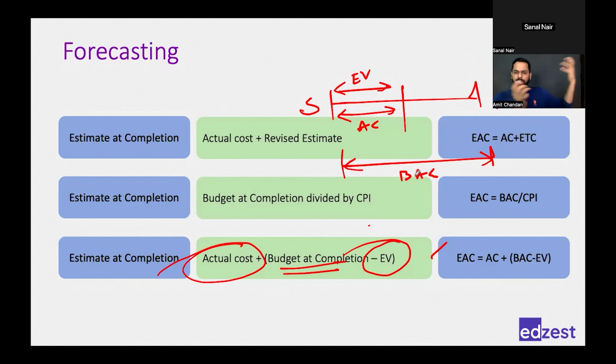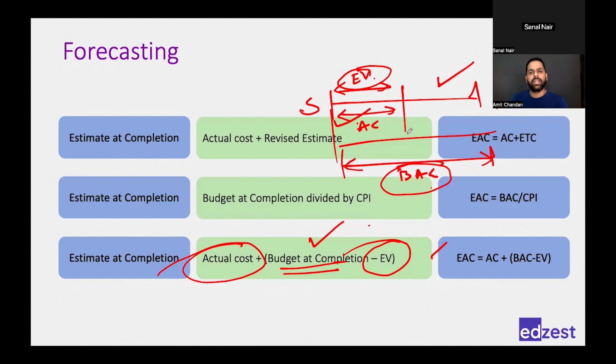That's what we do. Very simple algebra. What is algebra or geometry classes, right? We did that in maths. If my full value is known and my part value is known, I subtract the part from the full and I'll come to know the remaining part. That's what we are doing here. We are subtracting EV from the full, which is BAC, and then adding AC, something that we have already spent.